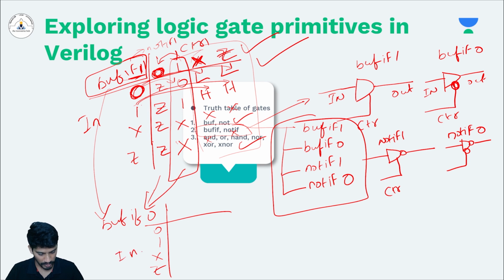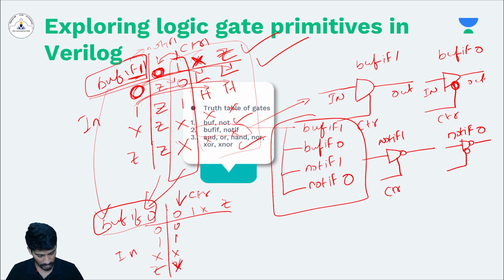Let's say this is input side and this is control side. 0, 1, x and z. Since it is a buff if 0, that means it only works when the control signal is 0. So you'll have 0 control signal, then you'll have buffering operation.